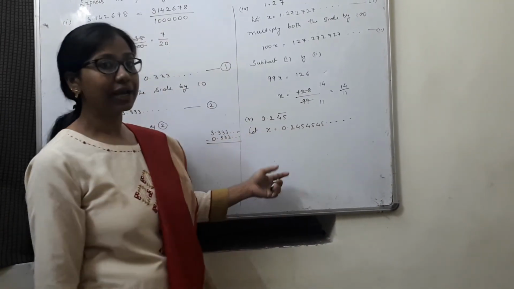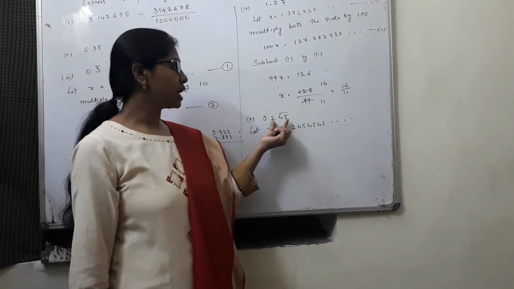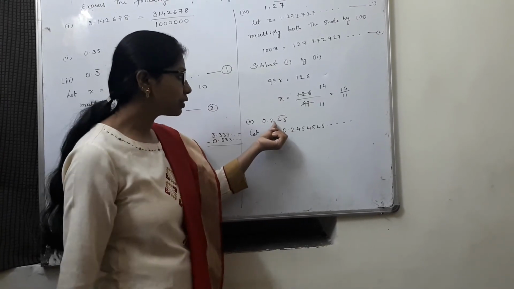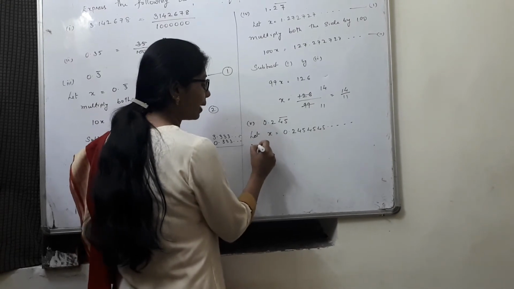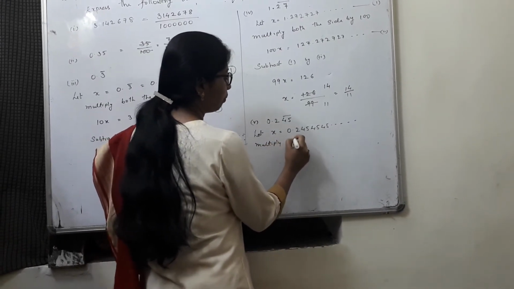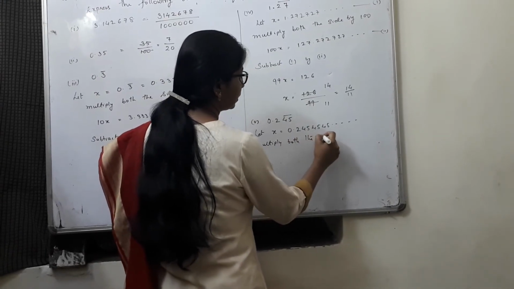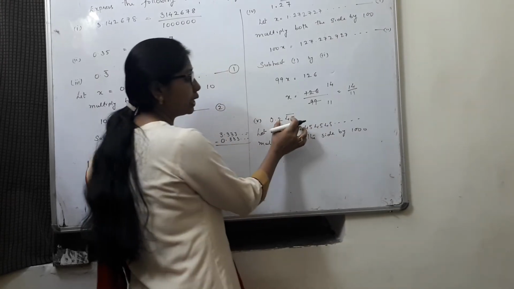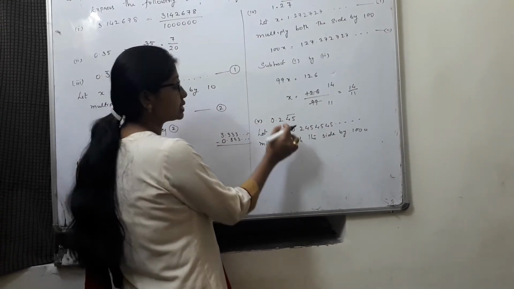First you check how many digits there are after the decimal point. There are 3 digits. So multiply both the sides by 1000. We include the total digits after the decimal point.